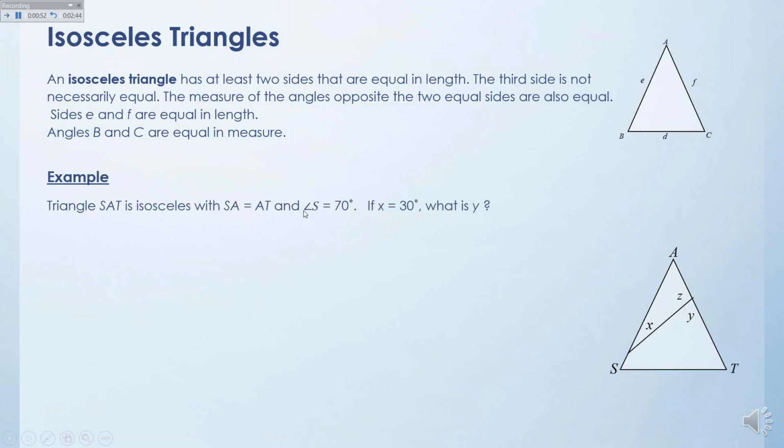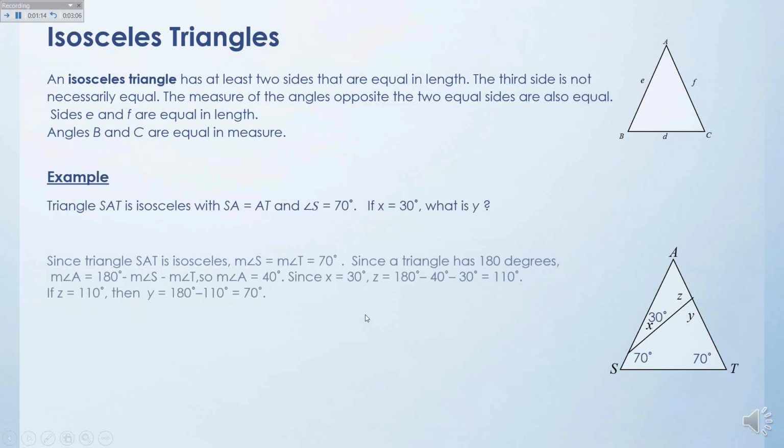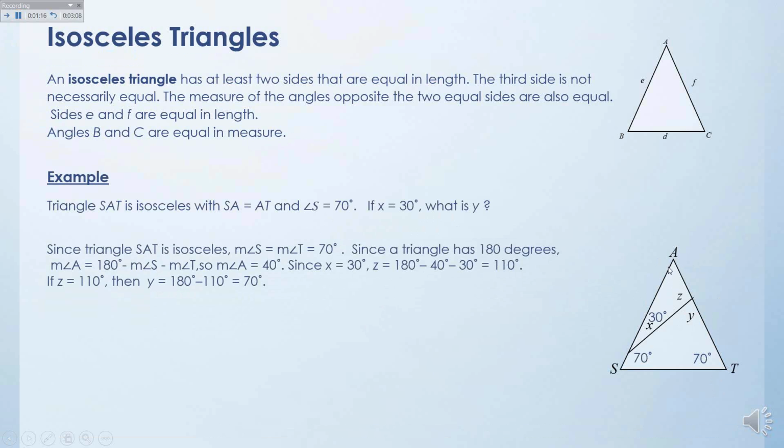And they've told us already that SA and AT are the same. Those are equal, so we would want to mark those. And then angle S is 70 degrees. Since it's an isosceles triangle and S is 70, T would also have to be 70. And if you know that, then you can easily figure out what A is.